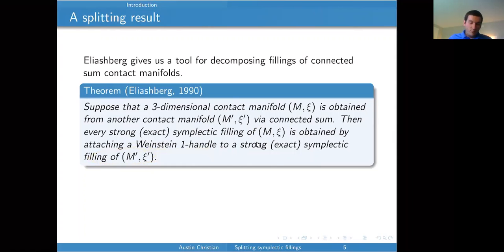So morally, we have some contact manifold in which we are interested, and it looks like a connected sum of two other contact manifolds.